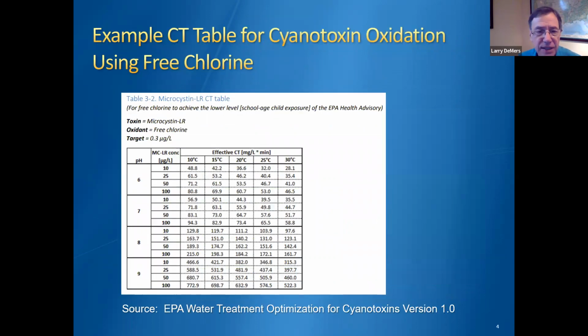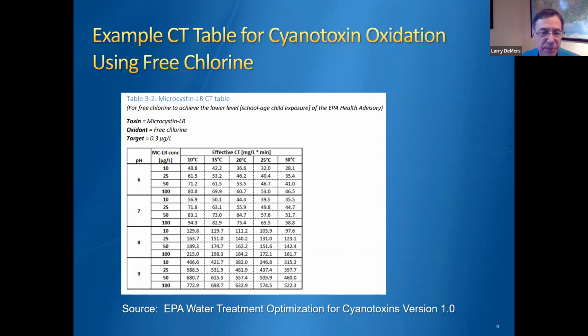So cyanotoxin destruction through oxidation follows the same approach as we use in treatment plants for achieving our disinfection from pathogens. In other words, it's based on a CT concept. So C being the concentration of the disinfectant, or in this case, oxidant, times the amount of contact time. And this table is also pulled out of Tom's optimization document for HABs.